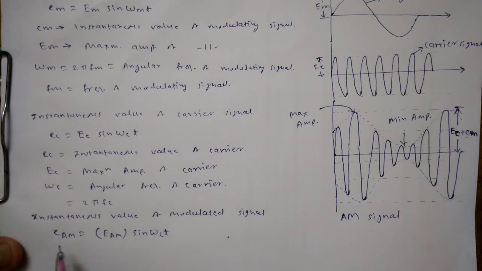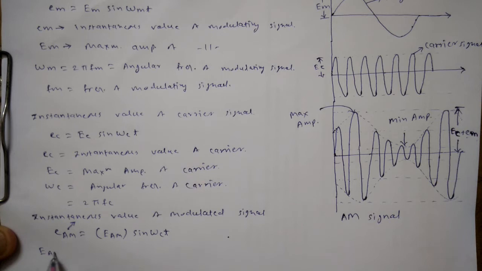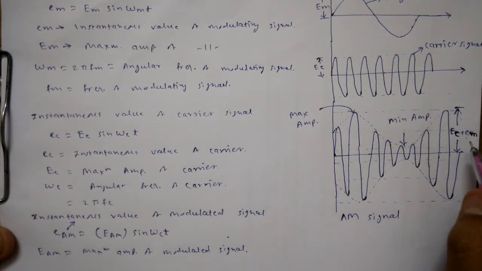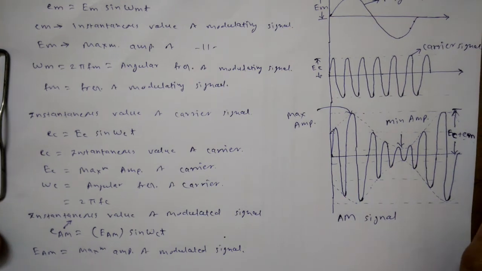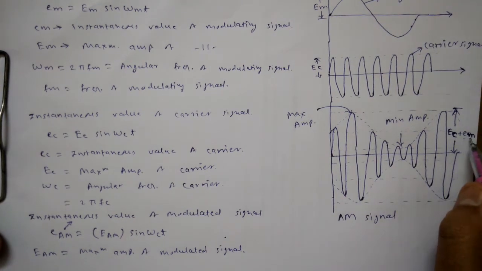What is remaining? This small eAM stands for the instantaneous value, while this EAM will be the maximum amplitude of the modulated signal. So let me write it once again here. EAM equals the maximum amplitude of the modulated signal. Now we have seen in the diagram that the maximum amplitude of the modulated signal can be written as EC plus EM.